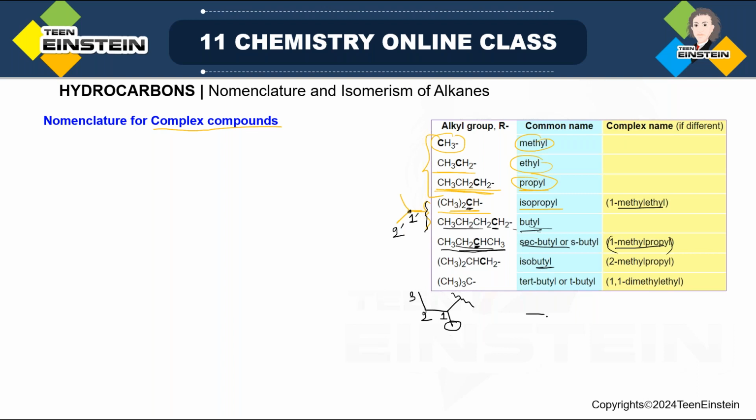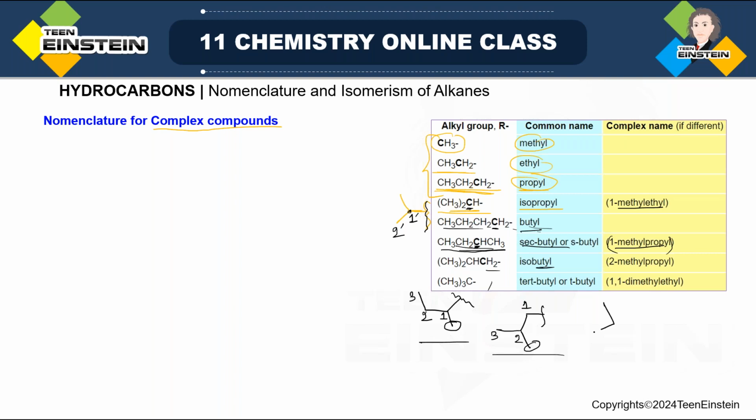And this is CH2, then, so this is the carbon with which it is connected. CH2, then CH. So see, now it is different. So numbering will be like this. And now it is 2 position methyl substituents. Try to understand the difference. This one is 1-methyl propyl. This one is 2-methyl propyl. Okay. Or isobutyl, common name.